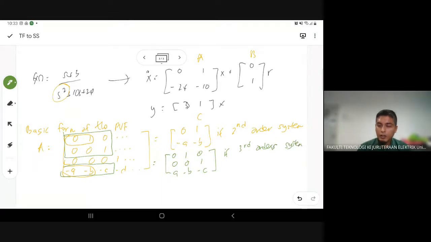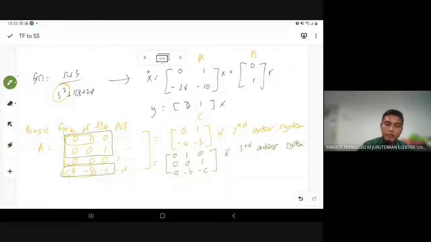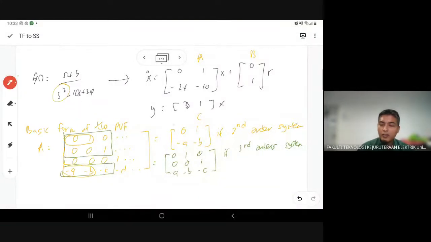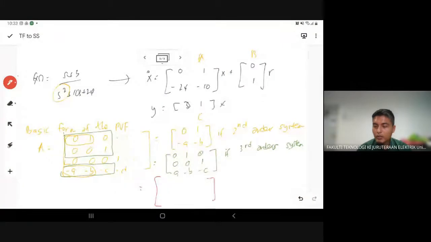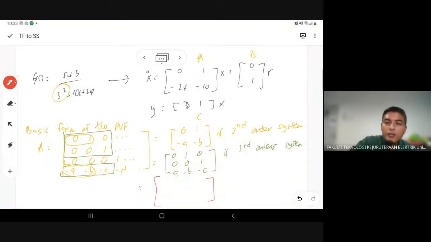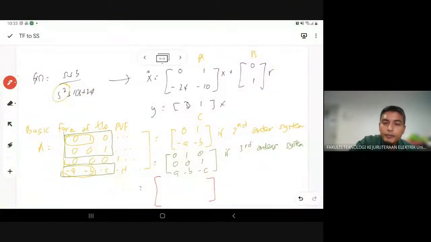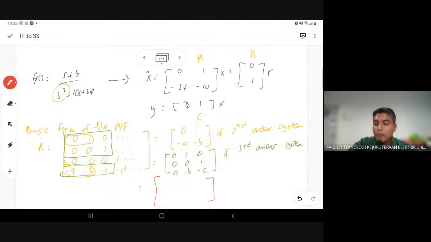Okay, if your system is a fourth order system, what do you think it will be? Would anyone like to answer? This is 2 by 2, 3 by 3.